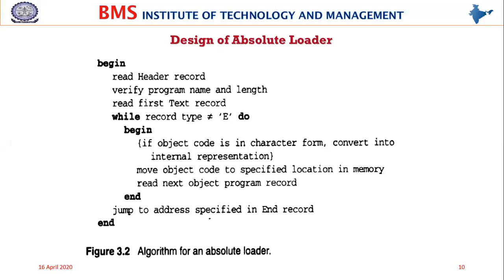What that means is, by default, your object code will be in hexadecimal format. But while loading, your loader will compress your object code. Whatever the previous example we have seen is also not correct. So we'll convert it into some form called hexadecimal character representation.